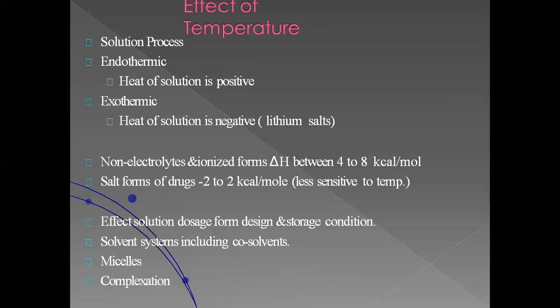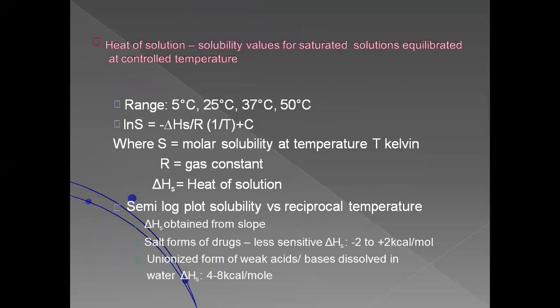So when we study the heat of solution, heat of solution is determined from the solubility values for the saturated solution equilibrated at a controlled temperature over the range of interest. Typically the temperature range should be 5 degrees Celsius, 25 degrees Celsius, 37 degrees Celsius or 50 degrees Celsius.